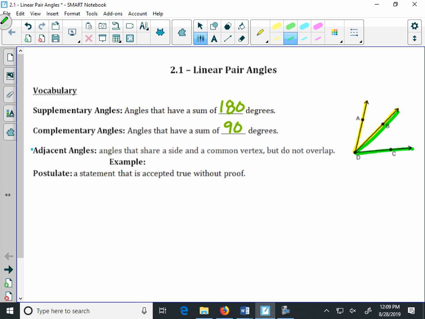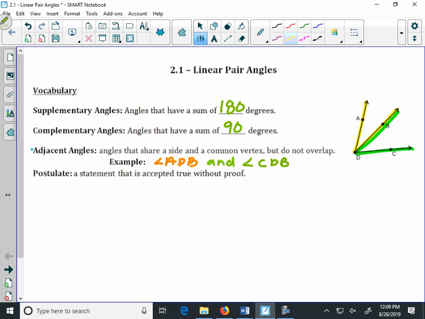Angle ADB, the yellow angle, and angle CDB. Two angles that are right next to each other. They share that middle side there.